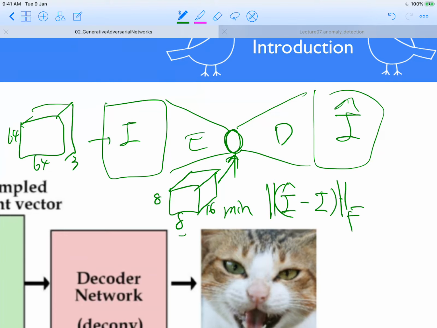The product of these numbers is smaller than the input's. So 64 by 64 by 3 is much larger than 8 by 8 by 16, for example.